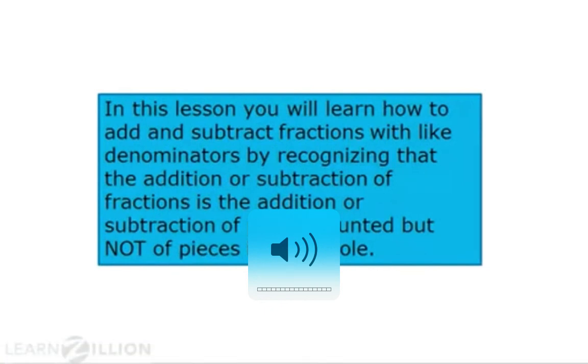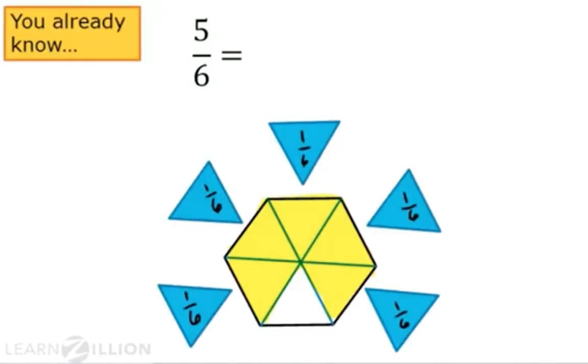Mathematicians, in this lesson, you will learn how to add and subtract fractions with like denominators by recognizing that the addition or subtraction of fractions is the addition or subtraction of pieces counted, but not of the pieces in the whole. You already know that one of the ways to express a non-unit fraction is to break it into its component parts.